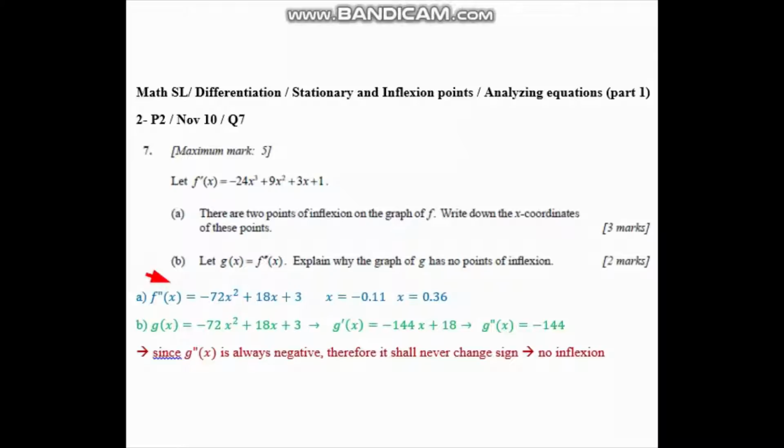And now we want to equate this equation to 0. Of course, there are manual ways to do that, but since this is paper 2, I shall not waste time with the quadratic formula. I shall simply use the GDC to get the x-intercepts of the curve.